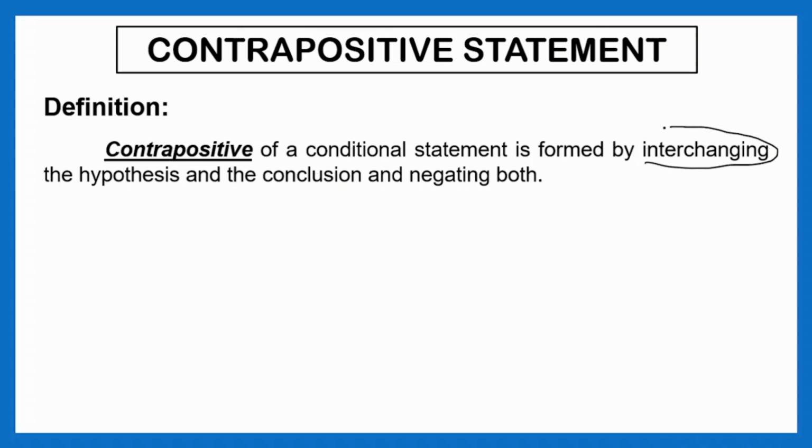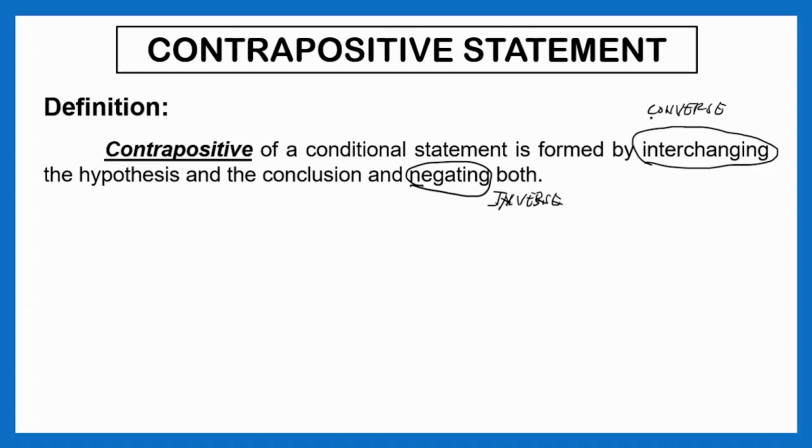Tandaan nyo ba kung saan ito ginagawa? Very good. Sa converse. Sa converse, ito ginagawa. Yung una nating binanggit. Tapos, yung negating, saan ito ginagawa? Exactly. Sa inverse. Right? Sa inverse mo ito gagawin. So, in short, ang contrapositive is the combination of the two. Combination ng converse, tapos ng inverse.